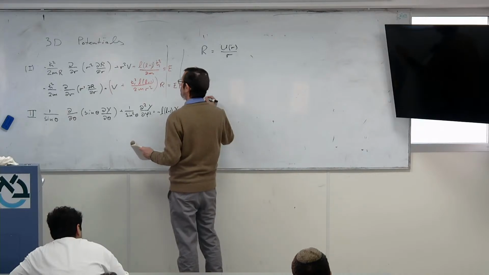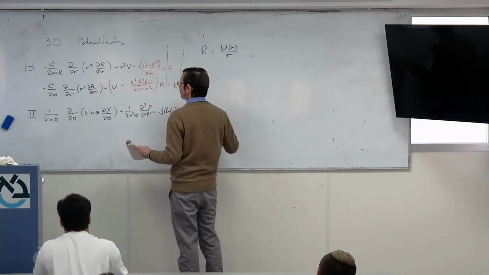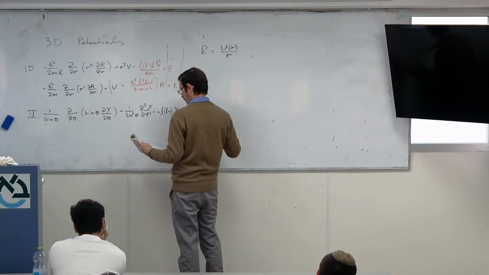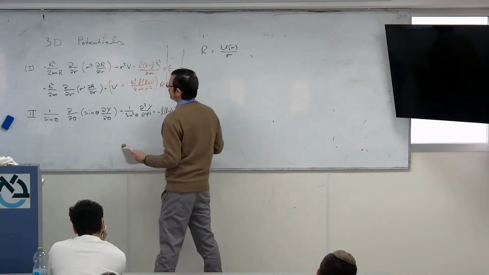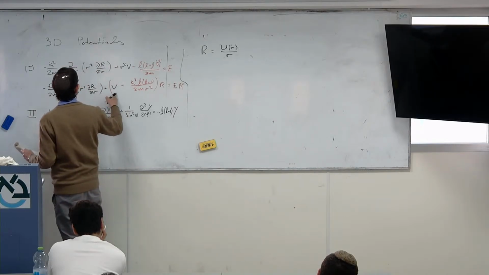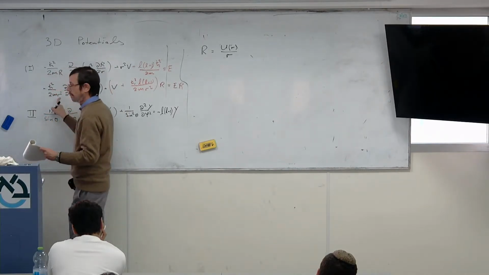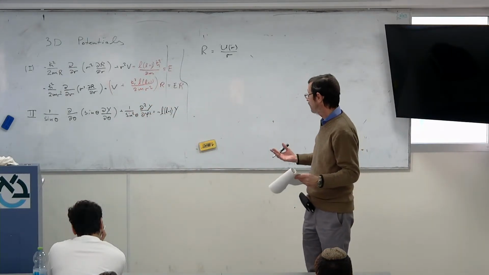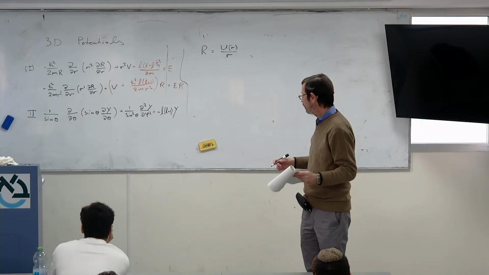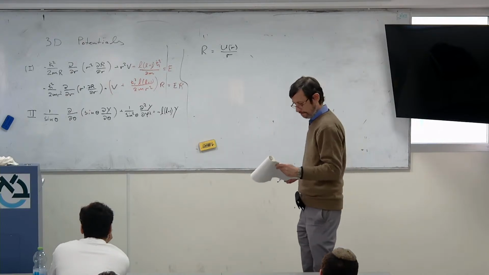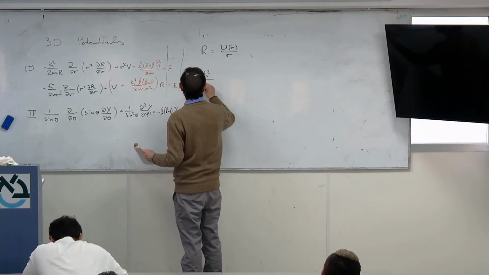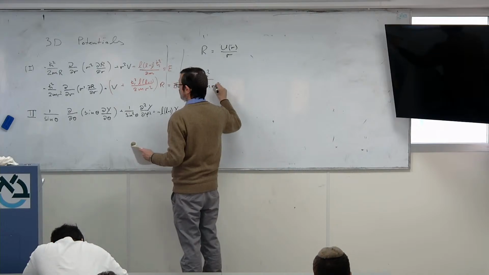So I have a term, should have screamed on me, r squared. It's good that I divided by r squared everything. So what I have here is minus h bar squared over 2m r squared.